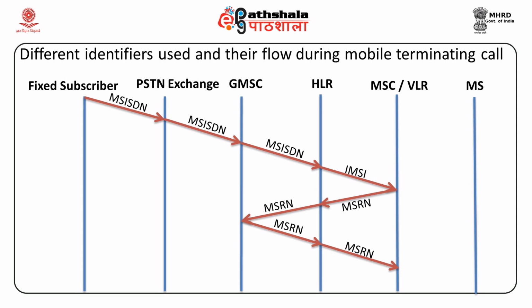And as we said, for security purposes, the IMSI number is not used, instead the TMSI number is used. So, a TMSI number is assigned to the mobile phone since it is in the foreign network. So, this is the flow of identifiers from one entity to another entity during the mobile terminating call.